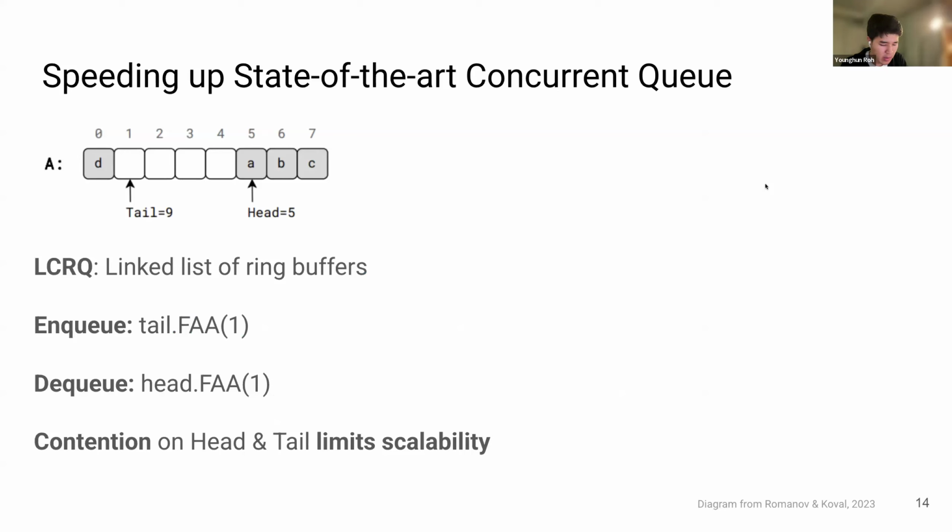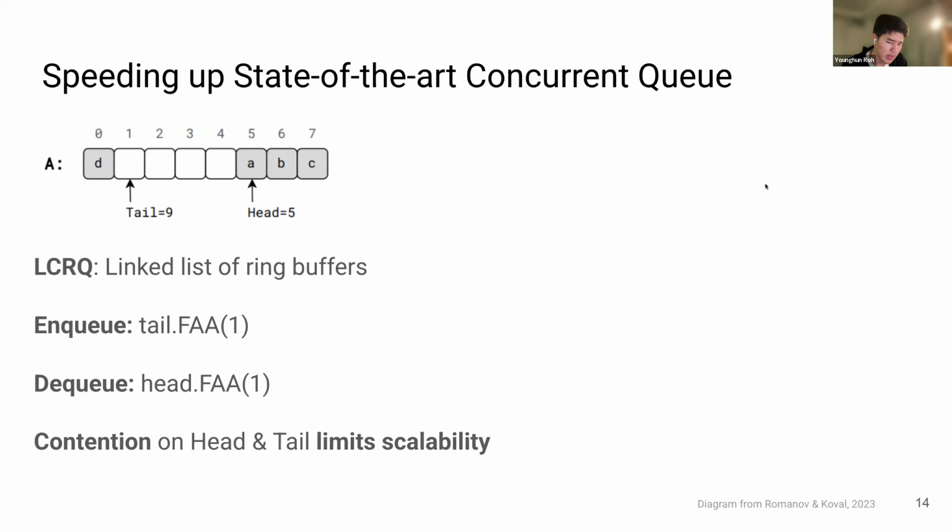Before that, we have to state the current status of the concurrent queue. It is known for about a decade that LCRQ was the best performing concurrent queue, and the state-of-the-art queue, LCRQ, actually uses a linked list of ring buffers. It basically keeps two integer variables for the indices of tail and head, which it advances by doing fetch and add on each variable.